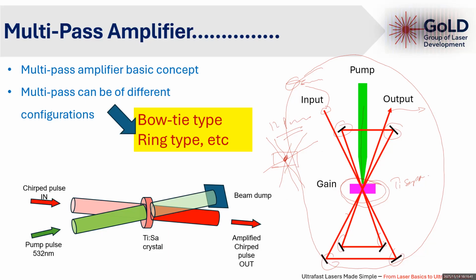Okay, so now here I'm just writing the multi-pass amplifier. Another kind of amplifier exists, which I'm not covering here. We call it the regenerative amplifier. I don't feel it's necessary to discuss here because it's a little bit advanced to understand.